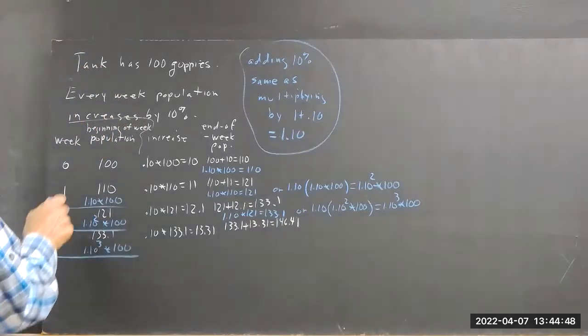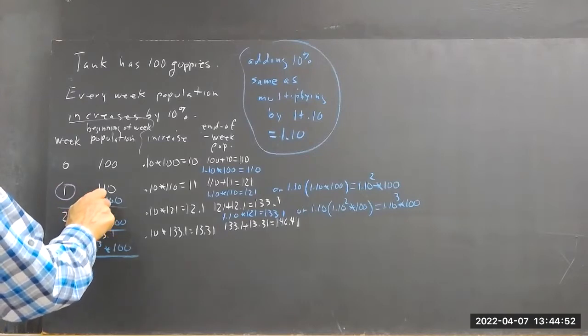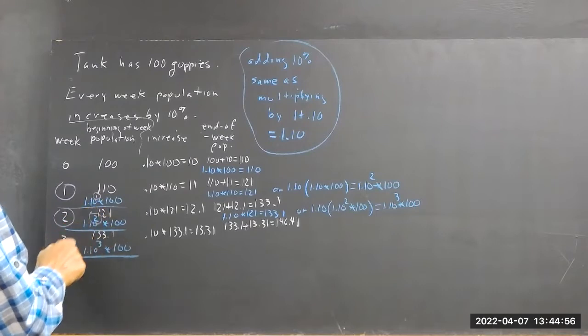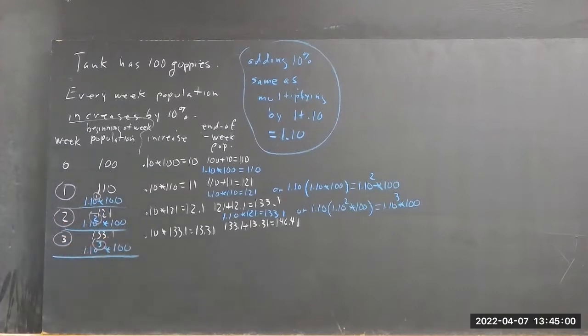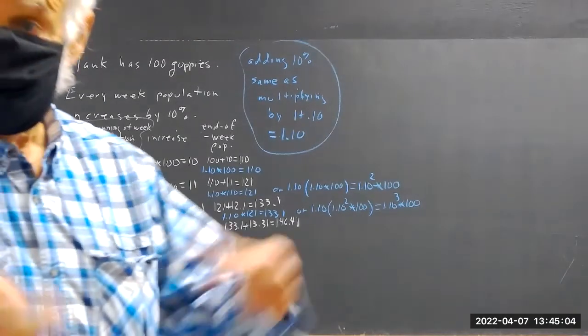The number of the week matches the exponent of your 1.10. And there's a good reason for that. Again, every week we multiply by another 1.10, which raises the power by 1.